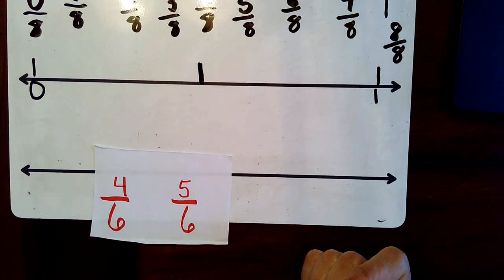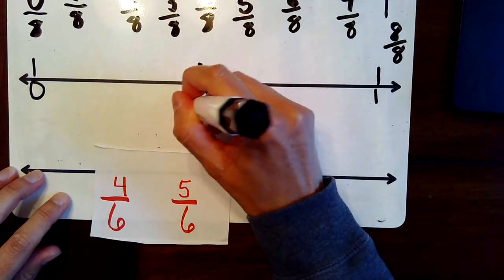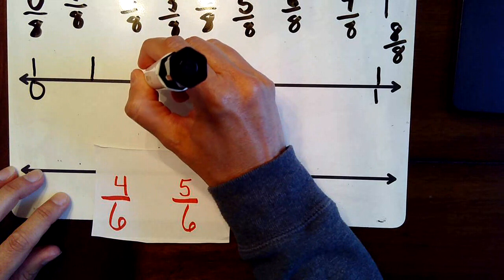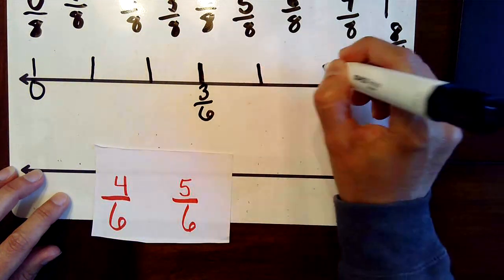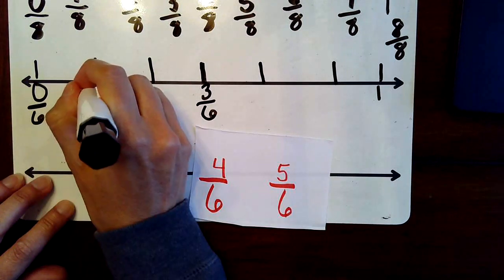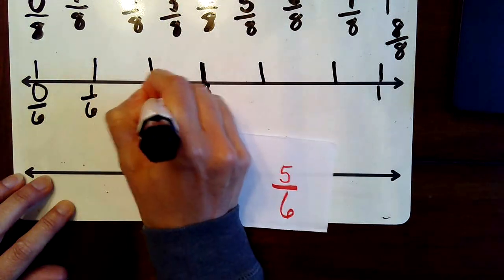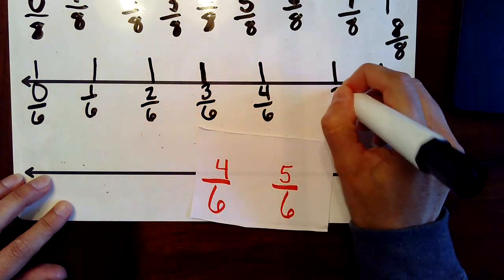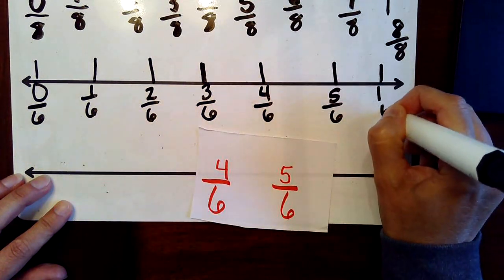What is half of 6? 3. So 3/6. So we're going to divide this half into 3 pieces and this half into 3 pieces and label. 0/6, 1/6, 2/6, 3/6 there, 4/6, 5/6, and 6/6.